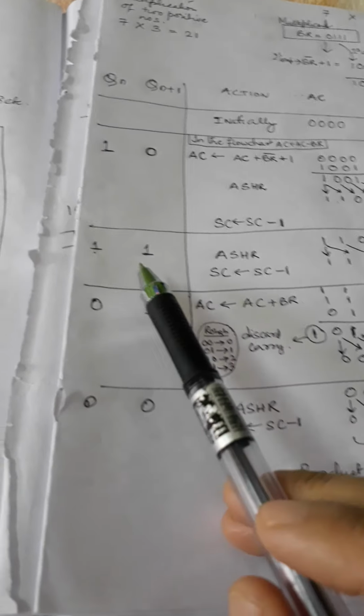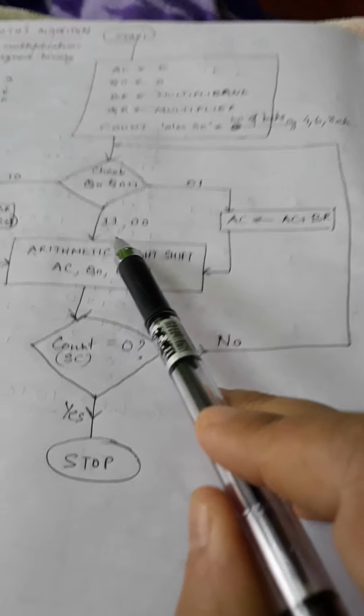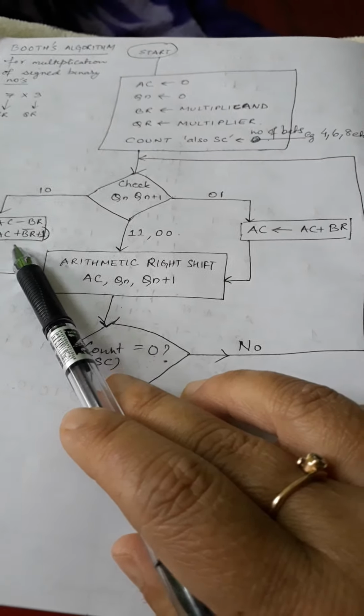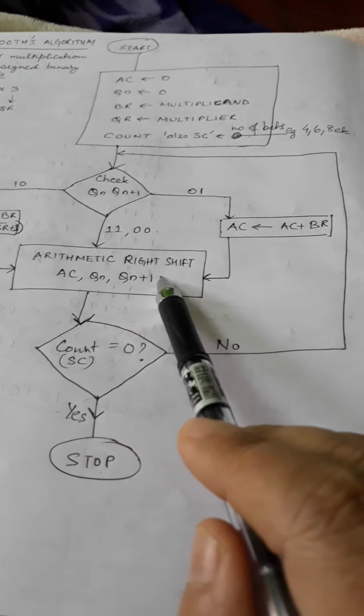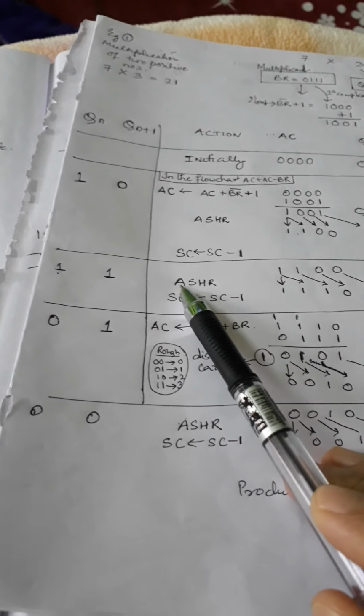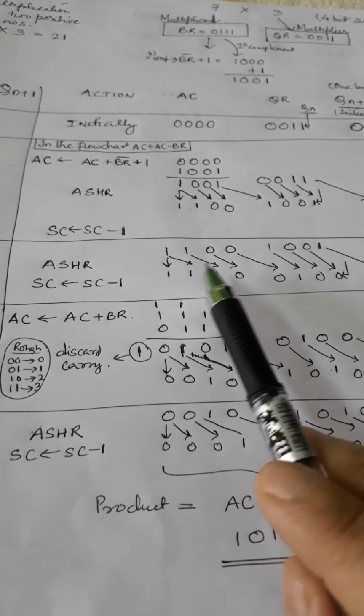Alright. So go back to the flow chart. And here if we have 1, 1, that means this arrow. So here we don't have to do minus or plus. We have to just shift. So we will do that shifting now. No plus, no minus. Just shifting. That is why it is arithmetic shift right. Alright. So now you are aware of this shifting.